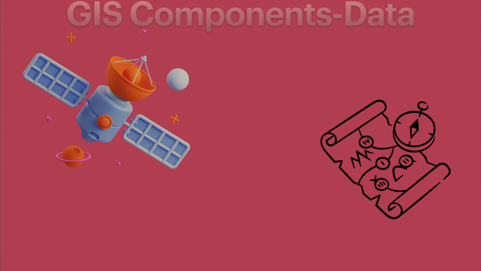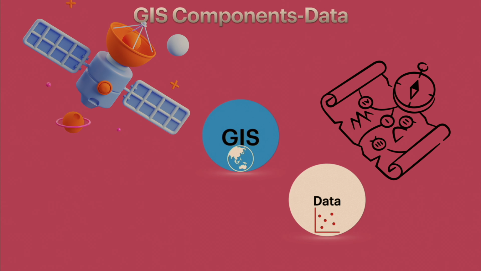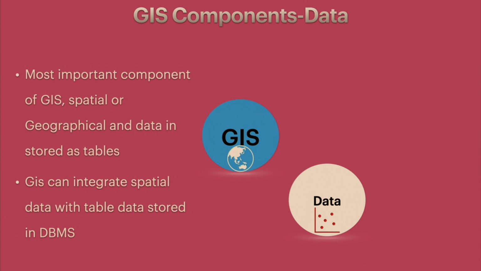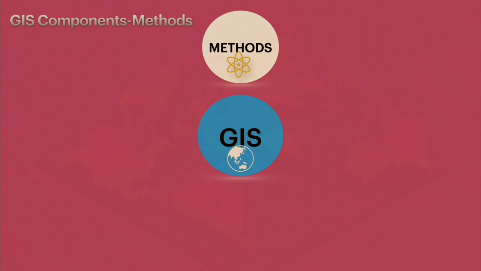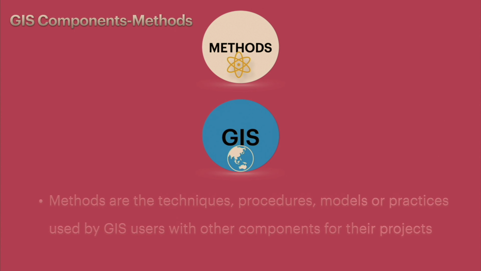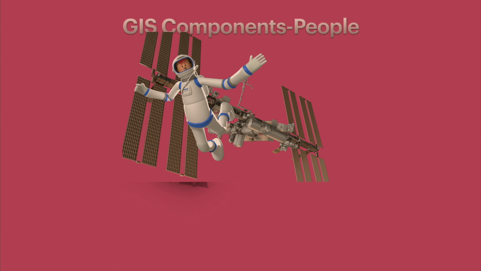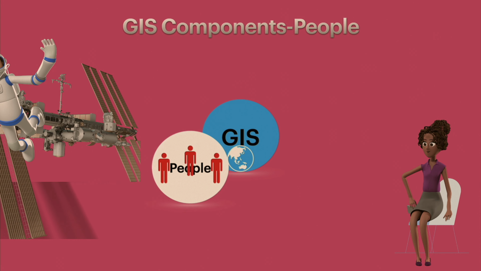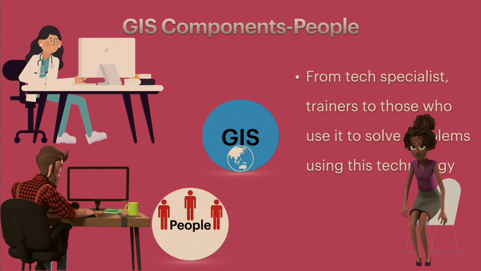Data is spatial and non-spatial data that we already talked about. Methods are techniques, procedures, models, or practices used by GIS users with other components for their projects. And people, from tech specialists and trainers to those who use it to solve problems using GIS technology.